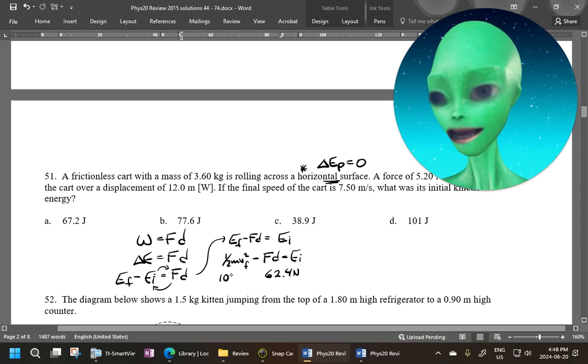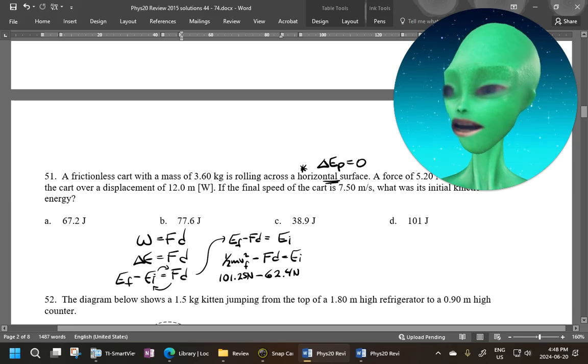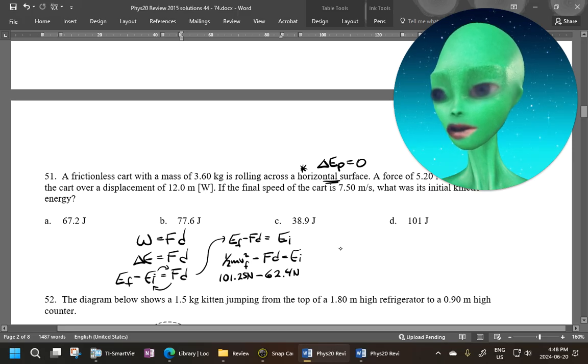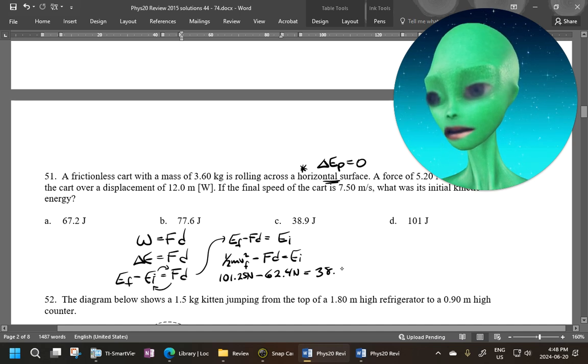So I ended up with 101.25, but from the beginning to the end, so I added 62.4, and I end up with 100 and some. So that means I've got to start off with 38.85 joules of energy. What?